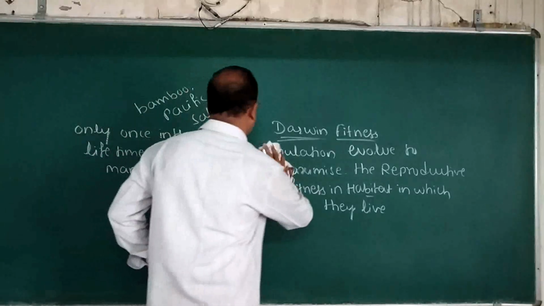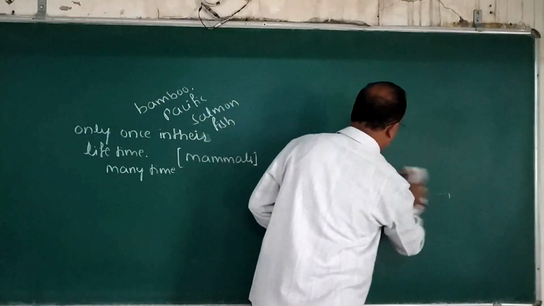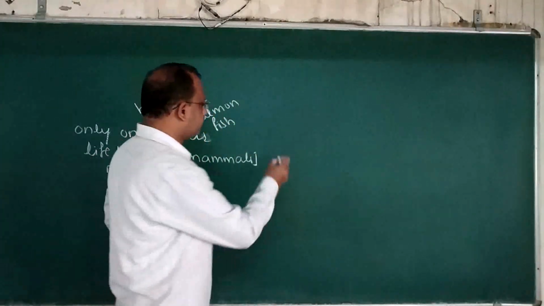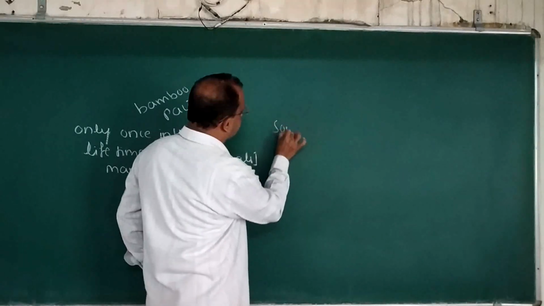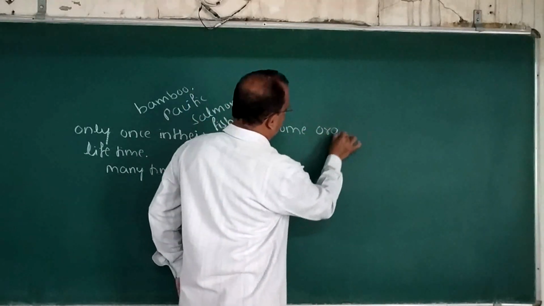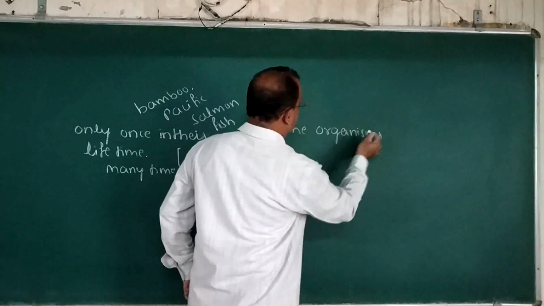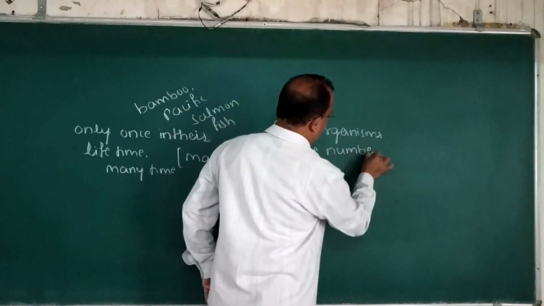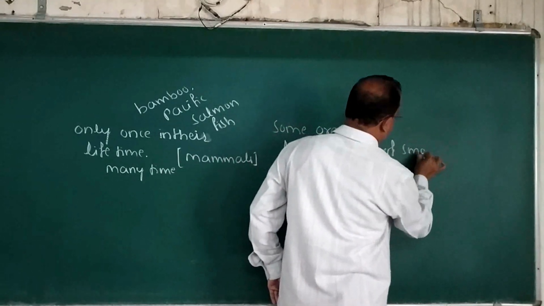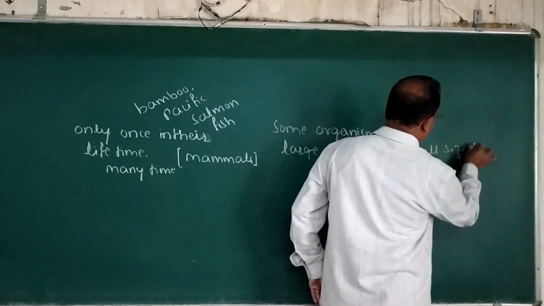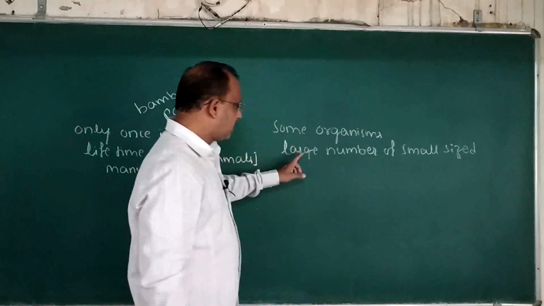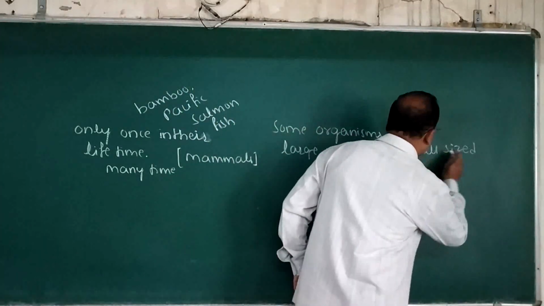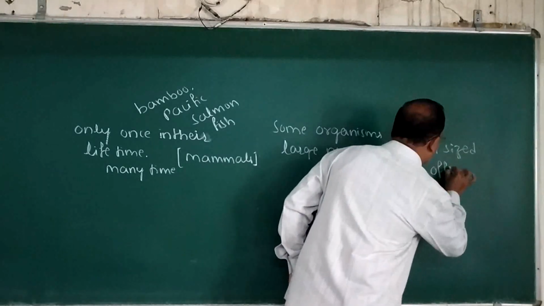Next, another important point. Some organisms produce a large number of small sized offspring.